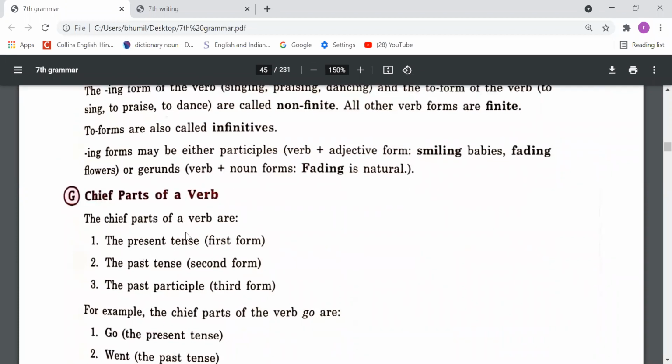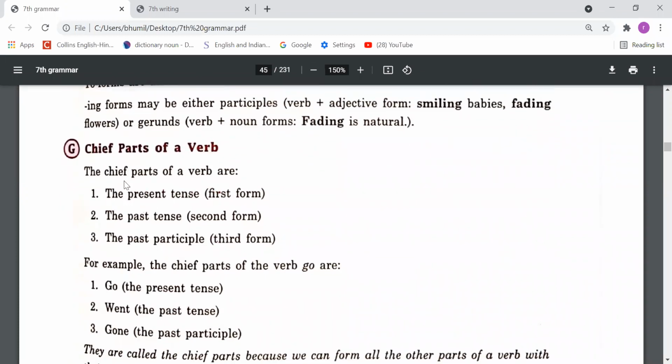Okay, now please come to the parts of a verb. The three parts of a verb are present tense, first form; past tense, second form; past participle, third form. So dear students, we know that there are three forms of any verb, like first form, second form, third form, like go, went, gone.